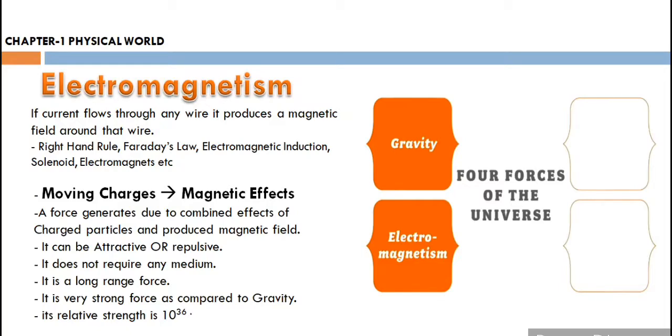Thus electromagnetism can be concluded that moving charges create a magnetic effect, and this is the interaction between charges, that is motion of charges, and their effect, which is a magnetic effect. So these two combine to form electromagnetism. Very helpful for us. We will see the uses and utility also.